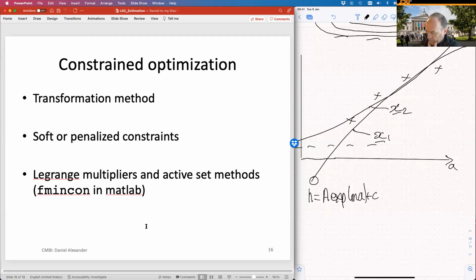And so I think we can immediately infer that M must be less than 0. M must be negative, because if it were positive, this exponential term would explode to infinity as A tends to infinity, and it doesn't do that. It goes to an asymptote. So I think M must be less than 0.